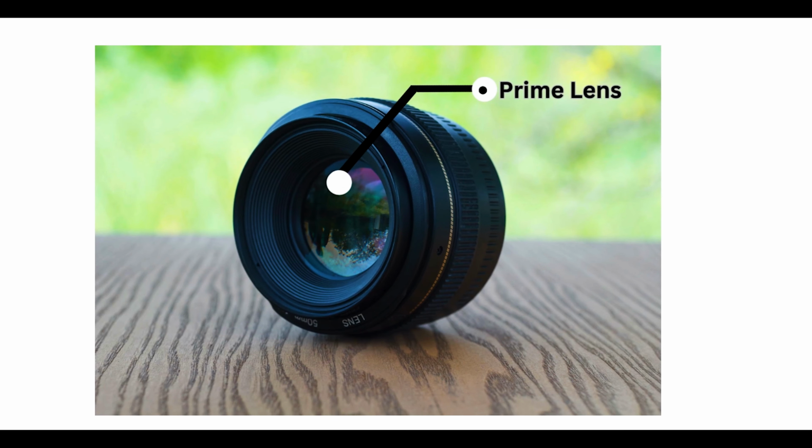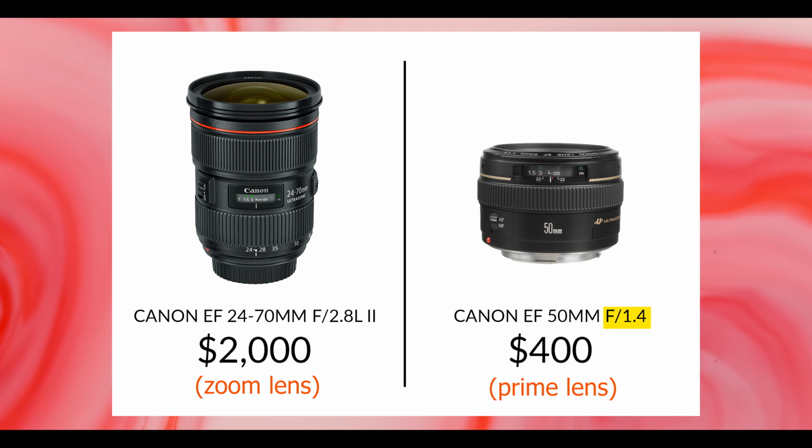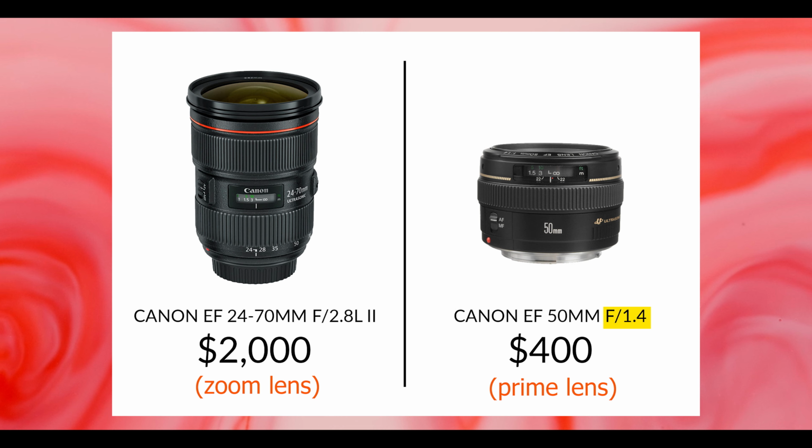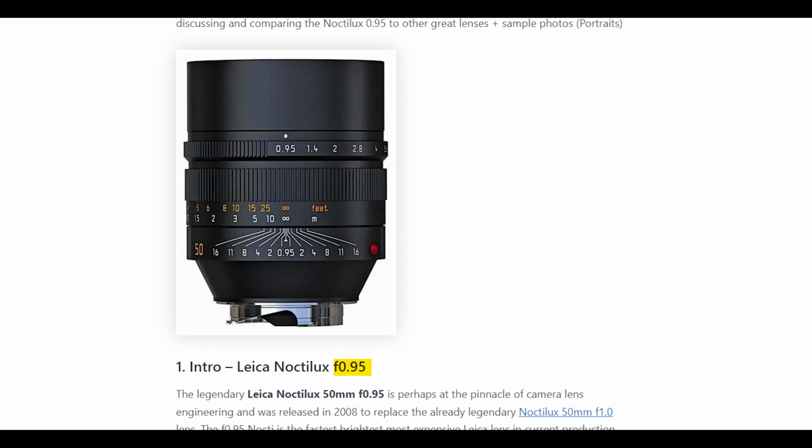It's called the prime lens, also known as fixed focal length. As you can understand by the name, the focal length of a prime lens is fixed. That means you can't zoom in or zoom out using this lens. But then why do I love using prime lenses? Because prime lenses come with the widest aperture numbers, like the Canon 50mm f1.8 or f1.4, and there are some lenses like f0.95.